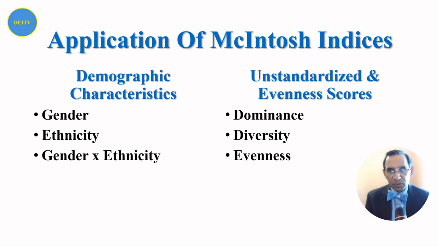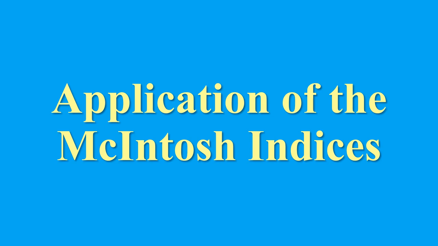So I'm going to use, again, the diversity score, the similarity score, and also the standardized McIntosh evenness score. As I mentioned a few slides ago, I'm going to apply the McIntosh index to the gender, ethnic, and revenue data that was presented in episode 1 and episode 2.